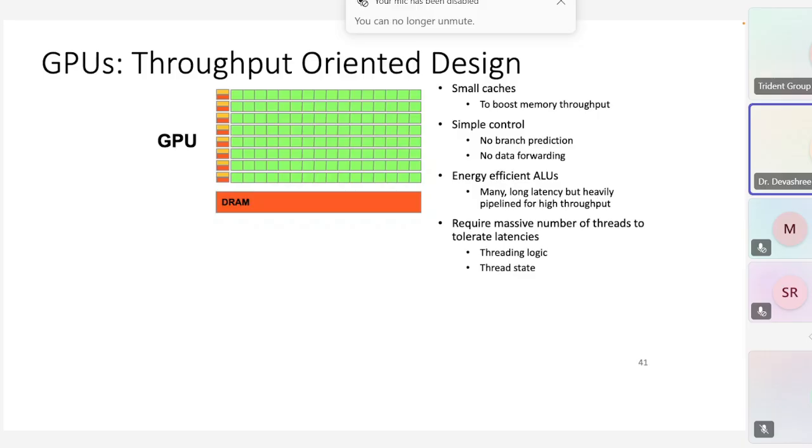The GPUs, on the other hand, have smaller caches, which help boost the memory throughput. They have simple control, with no need for fancy control. They don't have branch prediction and they don't have data forwarding. Second, they have very efficient ALUs, which make use of many long latency but heavily pipelined cores for high throughput.